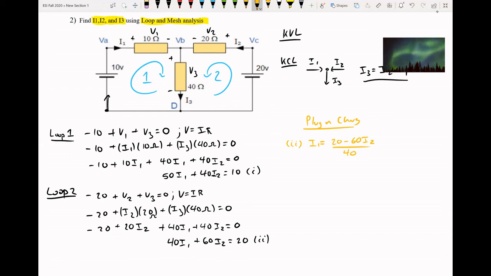Okay, then we go plug that into the first equation, we will get 50 times 20 minus 60 I2 over 40 plus 40 I2 is equal to 10.